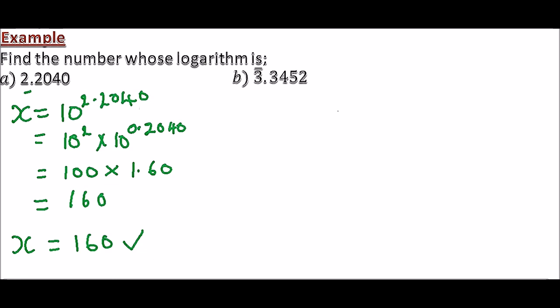We go to part B of our question, bar 3.3452. So what this means is that if our number is y, then y is equals to 10 to power bar 3.3452.